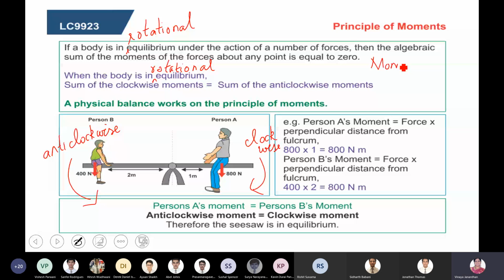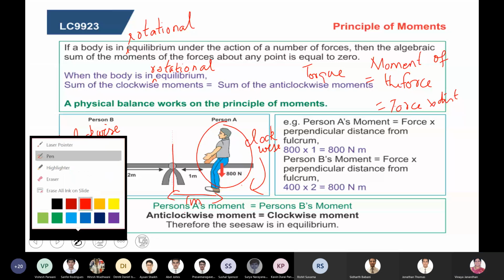Here, person A is applying a force of 800 Newton. He is at a distance of 1 meter from your pivot, which means the moment of the force will be 800 into 1. So that is what we call a moment of the force. Moment of the force is nothing but torque. Are you clear, boys?